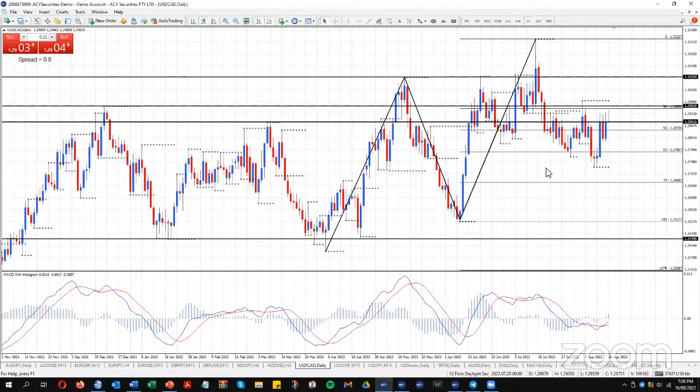There are that many false moves here. You could say that's a head, that's a left shoulder. So maybe you're looking for price action to come down to here to form that right shoulder to move up potentially. There's lots of ways that price could go on that pair at the moment. It's that choppy.